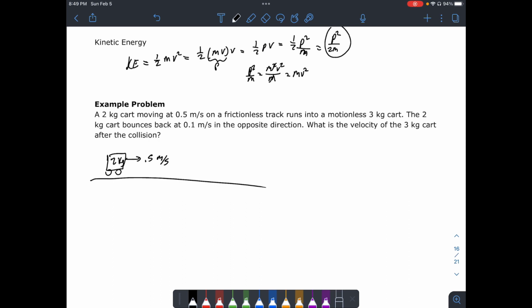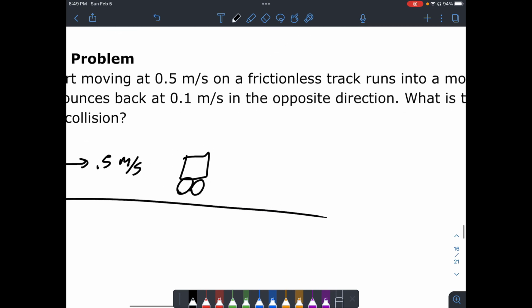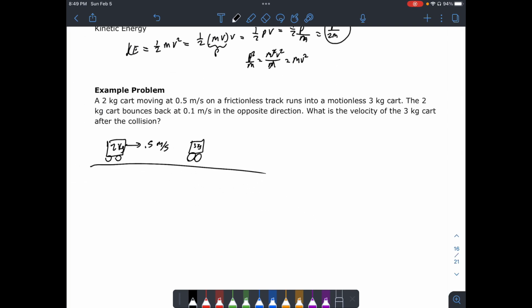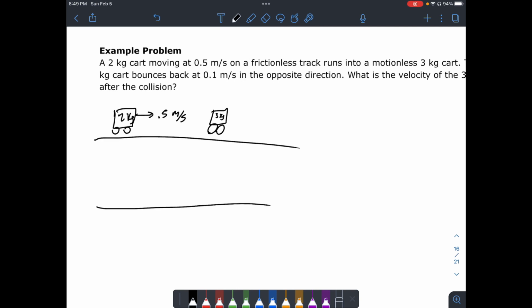And it hits a motionless, excuse the roughness of this drawing, 3 kilogram motionless cart, and then our 2 kilogram cart bounces back at 0.1 meters per second.